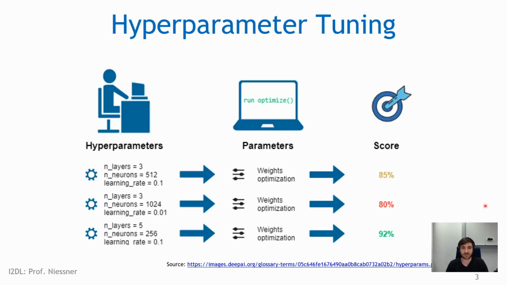But first, let's get back to hyperparameter tuning again. You already saw how important it is to choose a good set of hyperparameters, but you also saw how many knobs there are to tune and to turn, and it's quite experimental.